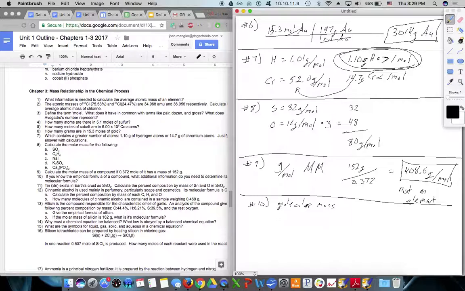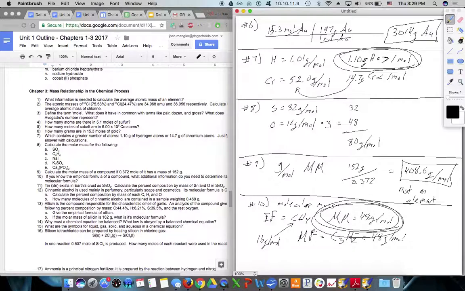For example, if we had an empirical formula of CH4 and a molecular mass of 48 grams per mole, that would mean that the molecular formula is going to be C3H12, because C3H12 is equal to 48 grams per mole, where CH4 is only equal to 16 grams per mole. So you need the molecular mass to figure that out.